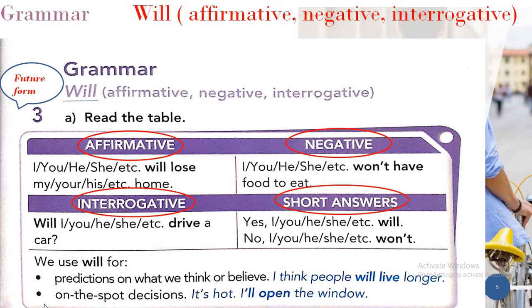So we use will for predictions on what we think or believe. Keep in mind that we use will for predictions on what we think or believe. For example, I think people will live longer. This is just a prediction based on my personal opinions.